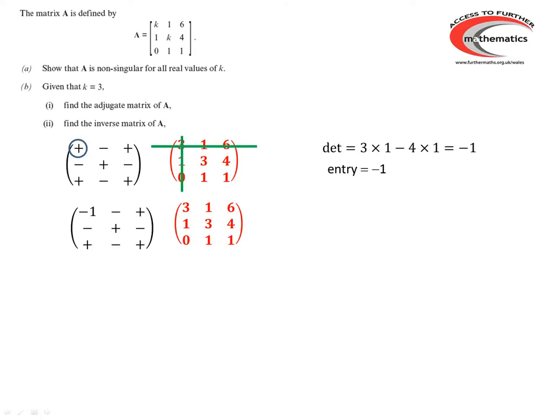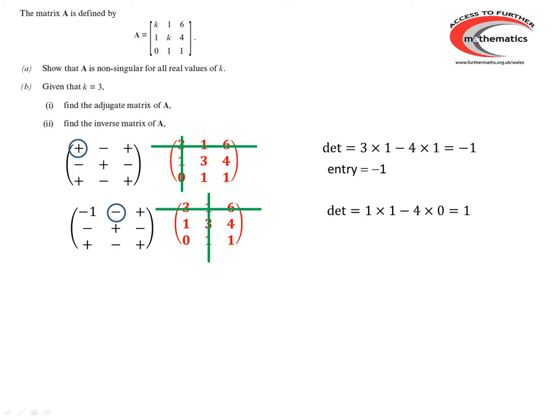So we now move to the second entry in the cofactor matrix. Again, we cross out the row and we cross out the column corresponding to this entry in the original matrix. We now calculate the determinant of what's left. So that's 1 times 1, take away 4 times 0. So that is 1.